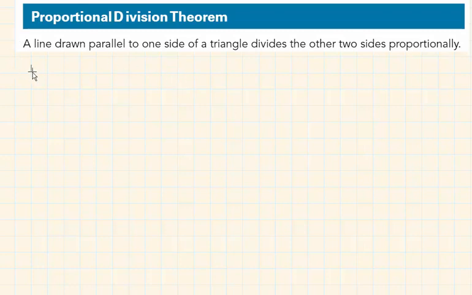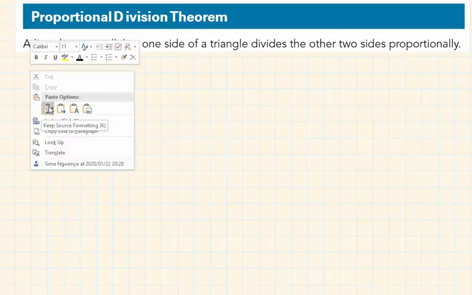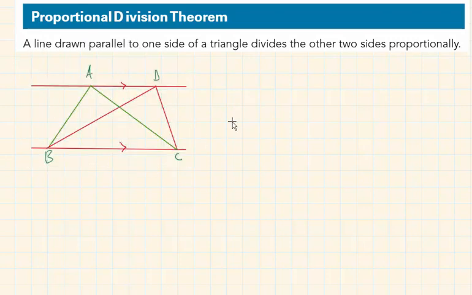Now, let's consider this pre-drawn situation whereby the line AD is parallel to the line BC. You can see that there are two triangles, ABC and BDC, and these two triangles lie between these two parallel lines AD and BC.